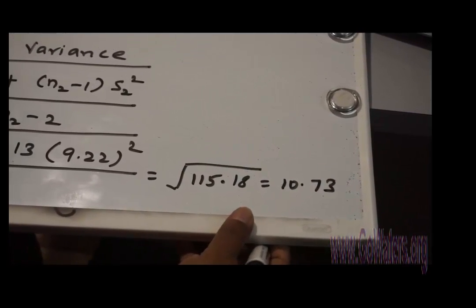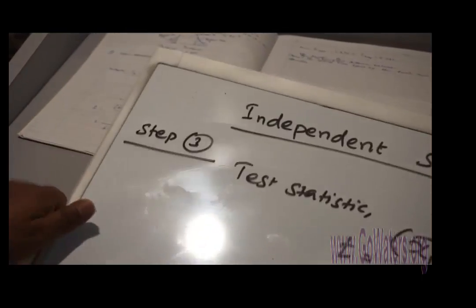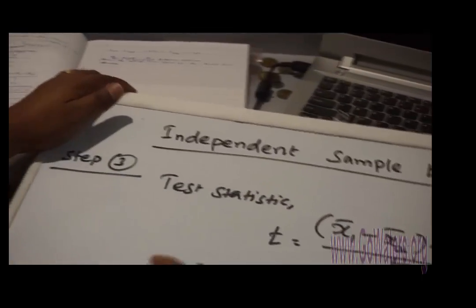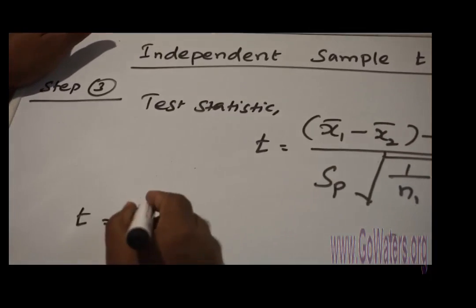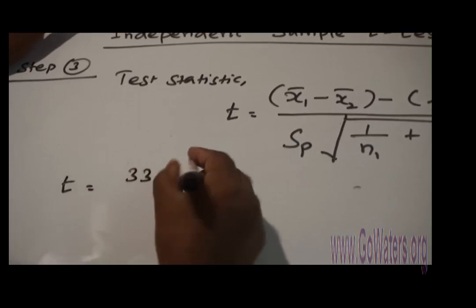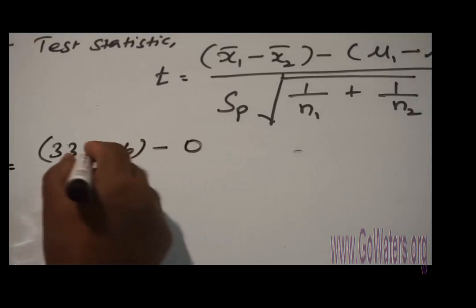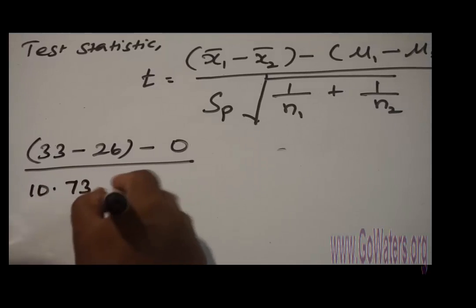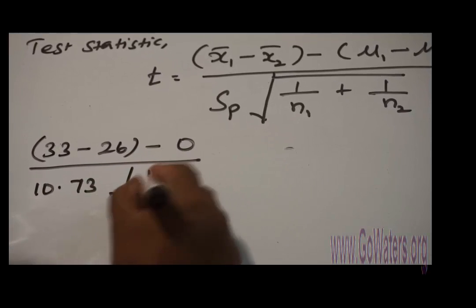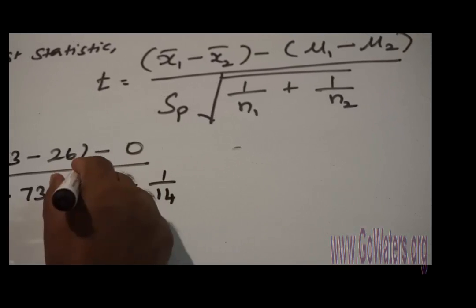Once you get this, you go back to the formula and plug in these values. So t is equal to x1 bar, 33, minus x2 bar, 26, minus 0, divided by sp, 10.73, into the square root of 1 upon 13 plus 1 upon 14.